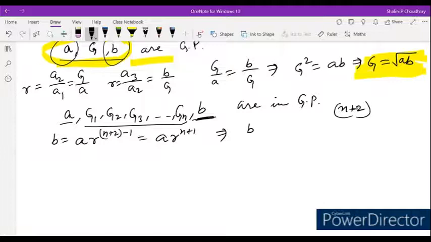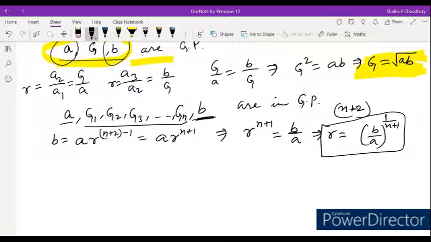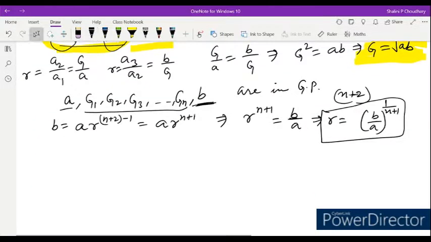R to the power n plus 1 will be equal to B upon A. Then R will be equal to B upon A to the power 1 upon n plus 1. Based on this value we can find out the value of G1.